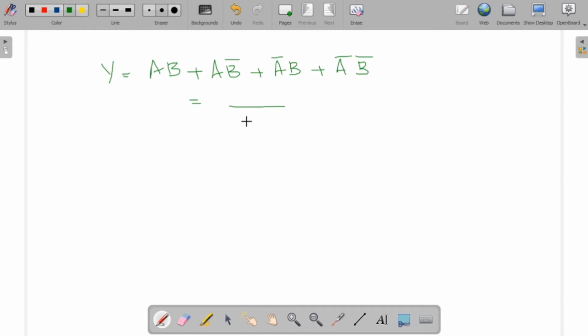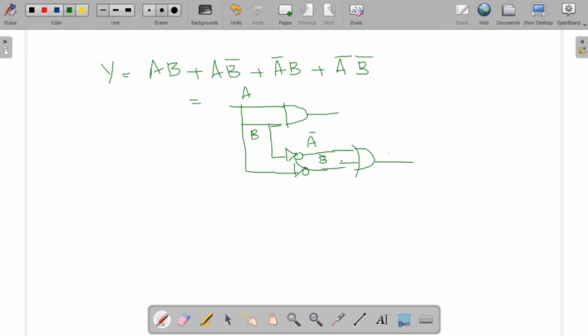We have A, we have B. So there is one input that is called AB. This is A, this is B. Then you have another, this is B bar, this is A bar. So this you can connect, and I got A bar B bar. One term I have obtained. Then AB another term.